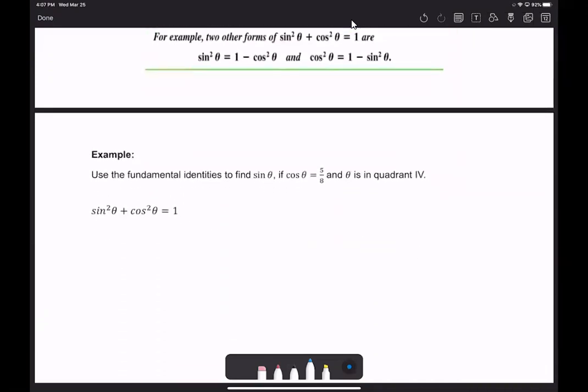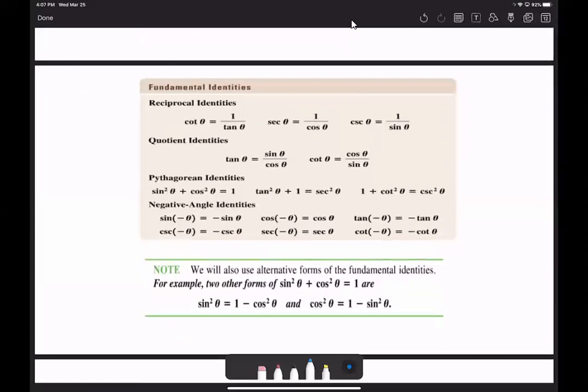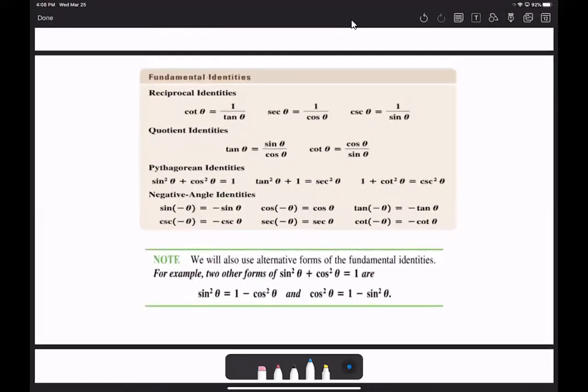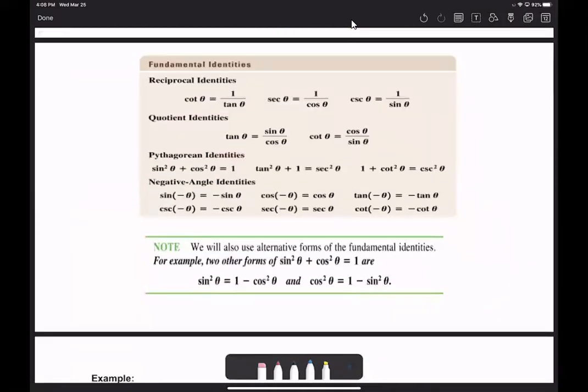This first question wants us to use the fundamental identities to find sine if we know cosine. Well, if you look back up here, notice that pretty much all of our trig functions, like secant, cosecant, tan, cotangent, and then this Pythagorean theorem identity here all contain either sine or cosine or both.